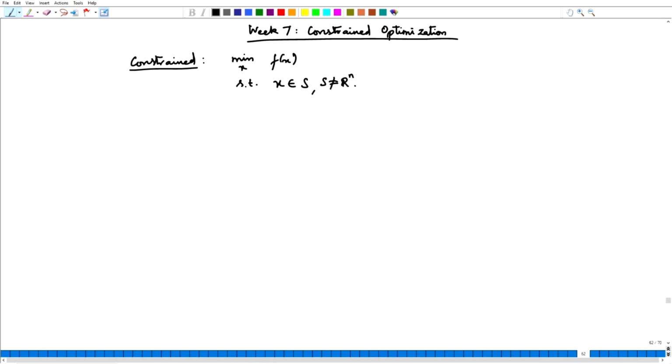So how do we find the critical point of a constrained optimization problem? Before that, we do not consider every possible constrained optimization problem.